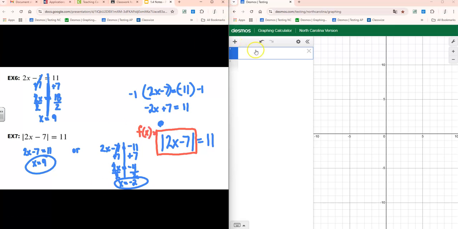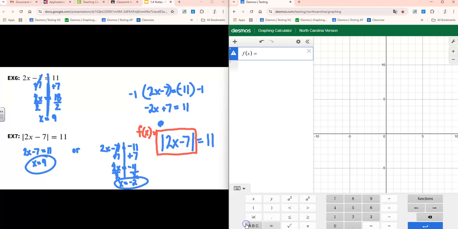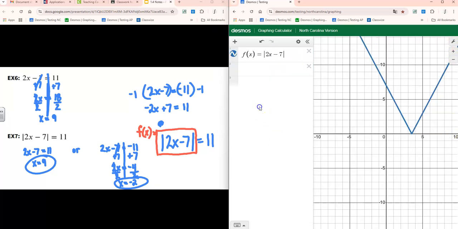So over here in Desmos, I'm going to type in f of x equals absolute value bars. You can type ABS, although it doesn't change it to bars. Absolute value bars, if you click the functions thing, it's this little thing right here, 2x minus 7. So try that. Make sure you type that in. Make sure you know where the buttons are for that.